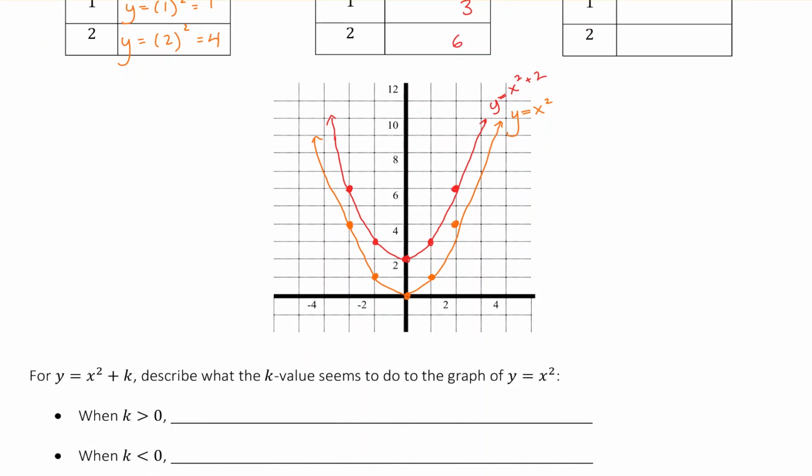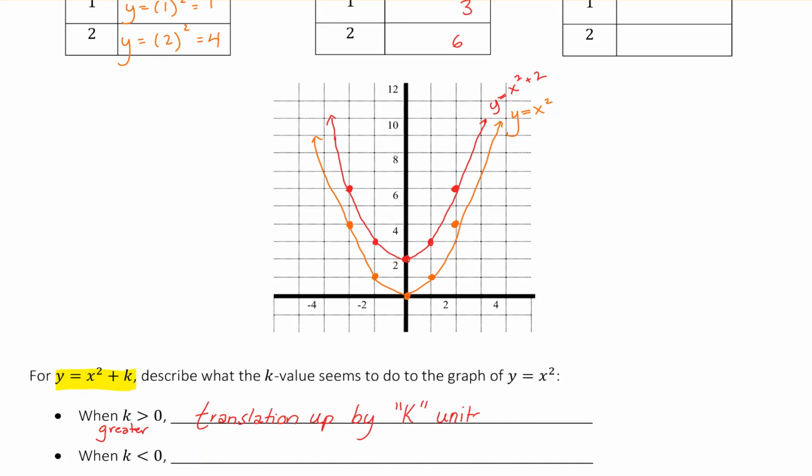So for y equals x squared plus k, describe what the k value seems to do to the graph. Well, this would be when k is greater than 0, if you remember what those symbols mean. In our example, it was 2, which is greater than 0. It becomes a translation up by k units.